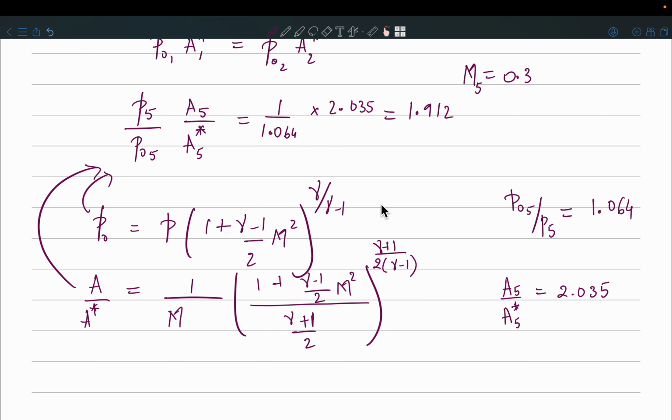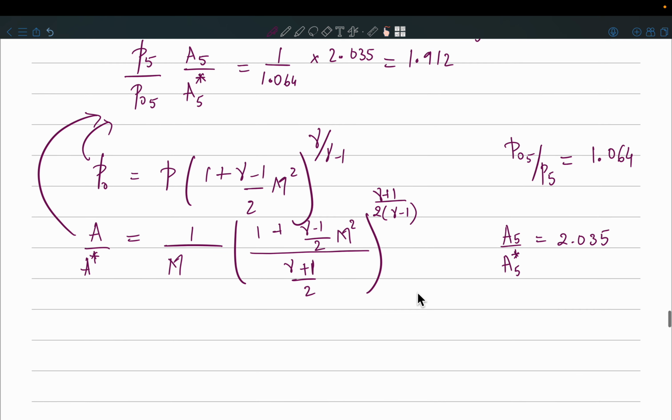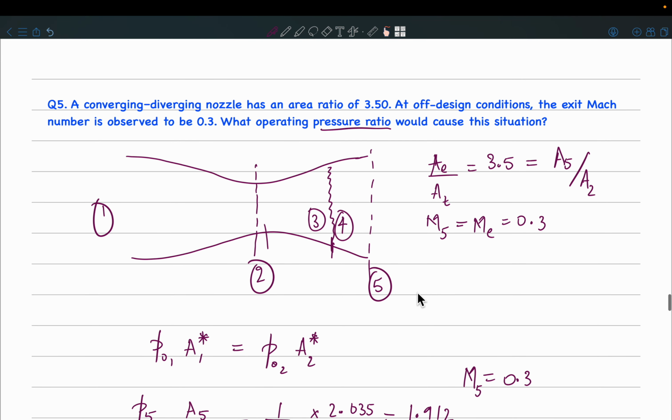Okay, so we got this value. Now what do I need? If you go back, you have to get the pressure ratio, which is P5 by P1. The operating pressure ratio is nothing but P5 by P1. But if you remember, we always take the inlet pressure as a stagnation pressure, so P1 is nothing but P0.